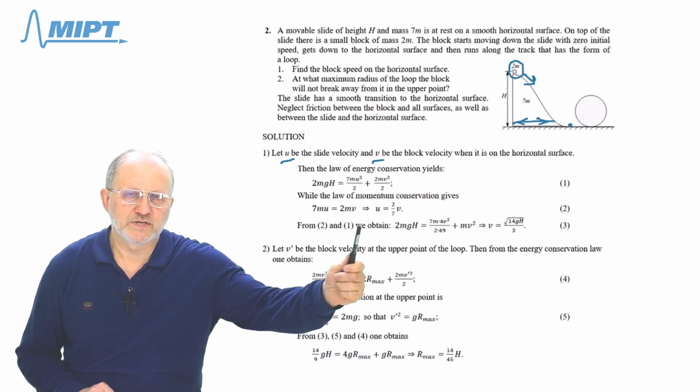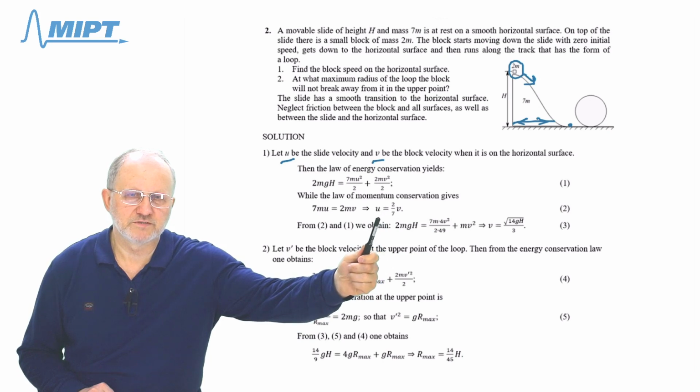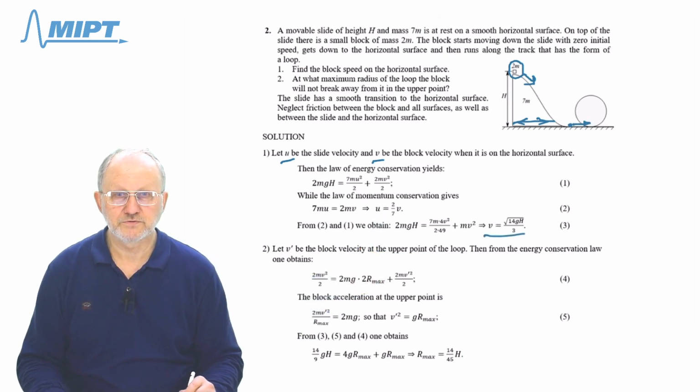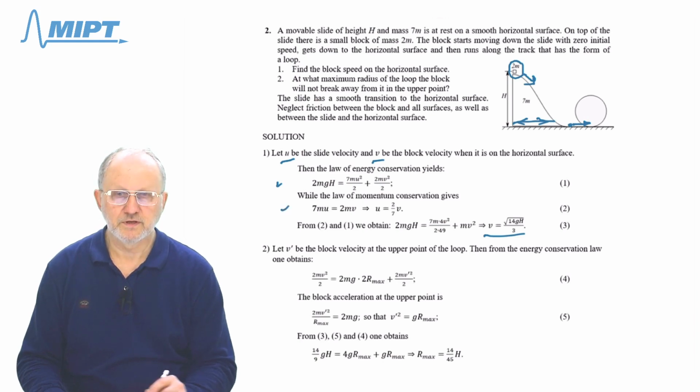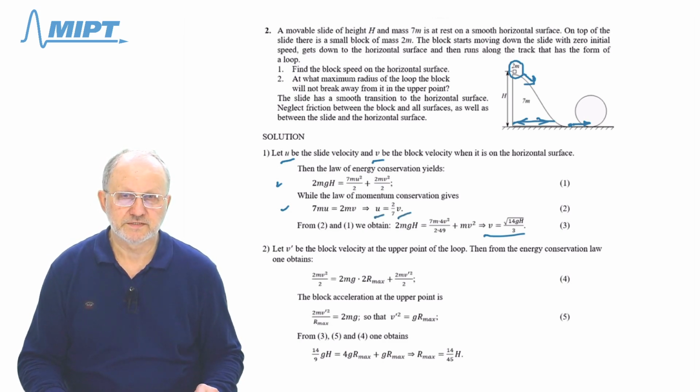From this equation we can find the relationship between the two velocities v and u. So we have two equations, the equation of energy conservation and the equation of momentum conservation, and two unknown quantities, the velocity u and the velocity v of two moving bodies.